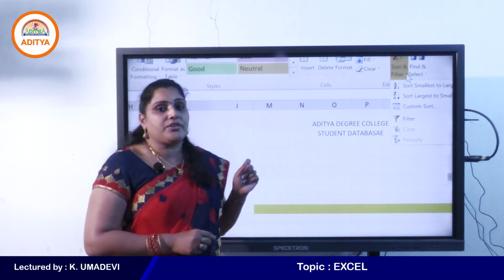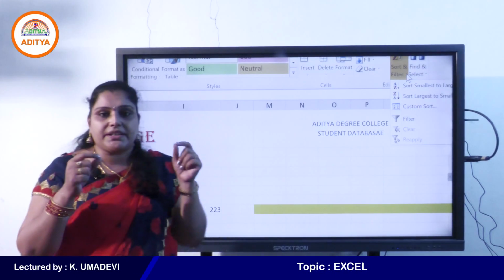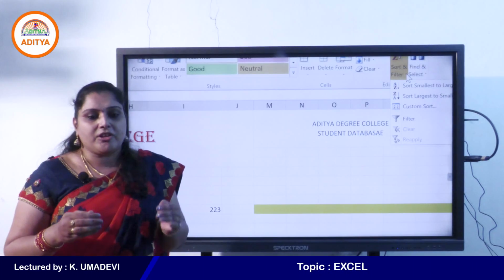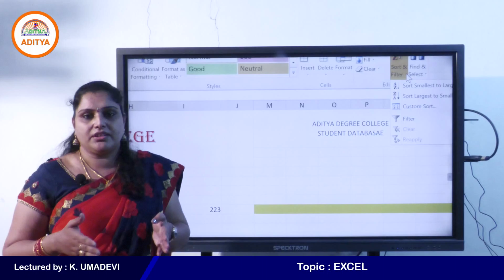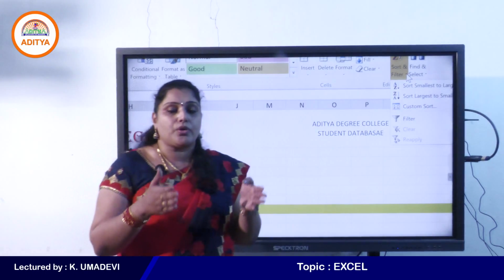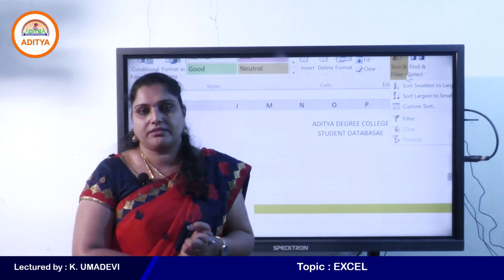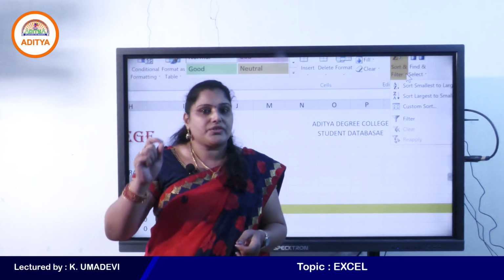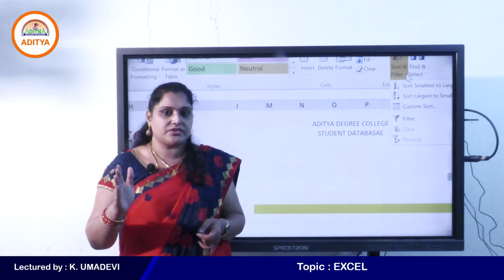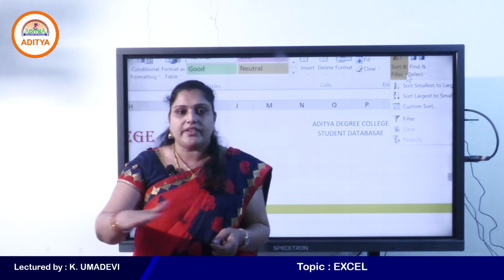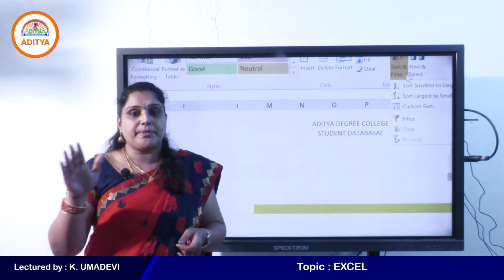So filter can be used to view particular records. Filter can be used to narrow the data in your worksheet. Filter allows you to view only the information you need. Simply, filter is used to display relevant records or entries, and it hides the irrelevant entries temporarily.